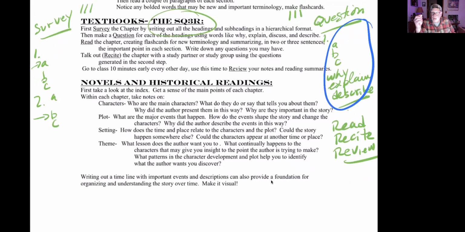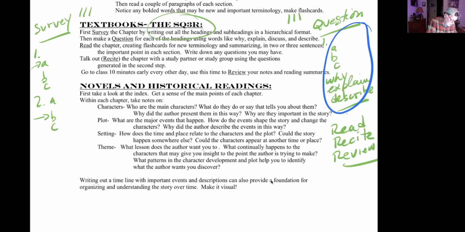So this gives a structure for your study group, because you can go through the headings and subheadings and ask the questions and then talk it over, right? So now you've added not only reading it, but now you're talking it out and asking questions and really putting it through your brain in a very different way.